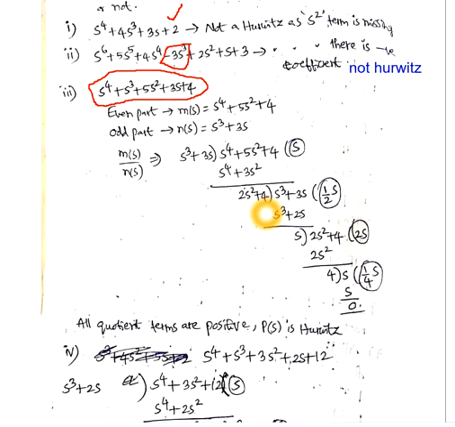See, the even part of the polynomial is the part of the polynomial which contains only the even degree terms. Similarly, what is the odd part? The odd part is the part of the polynomial which contains only odd degrees.